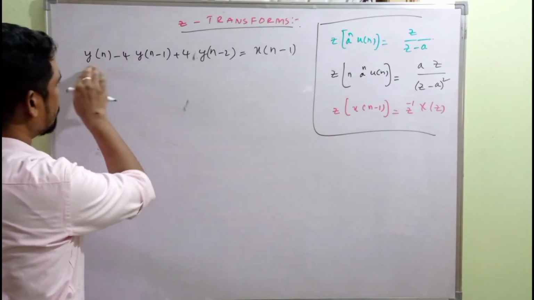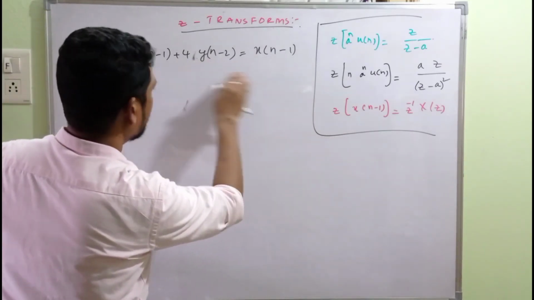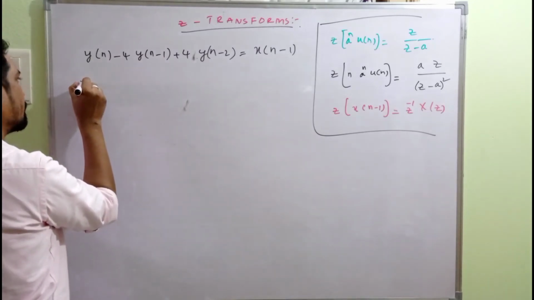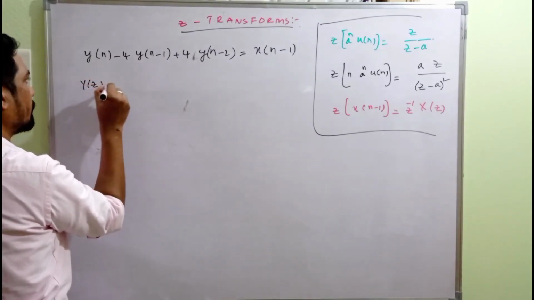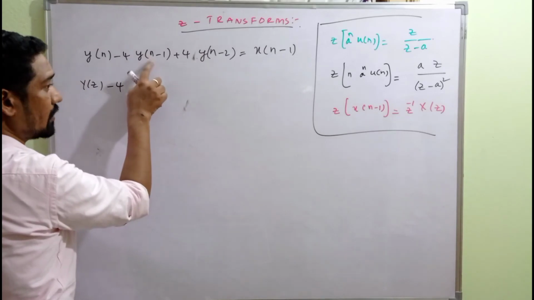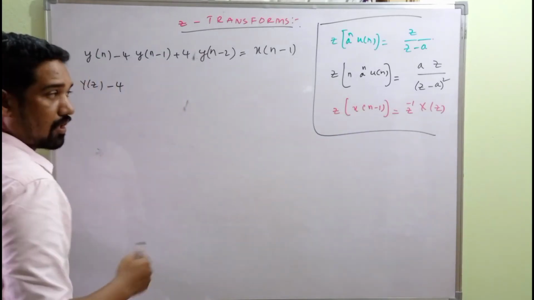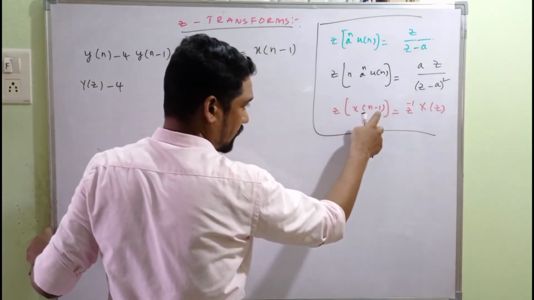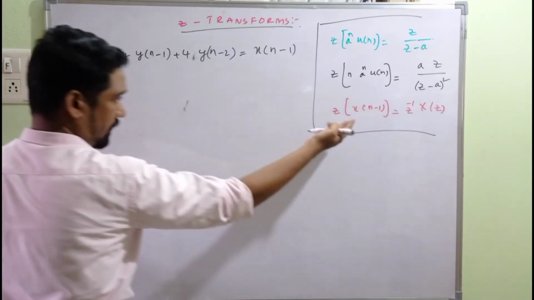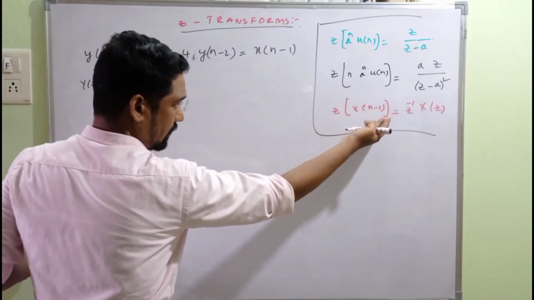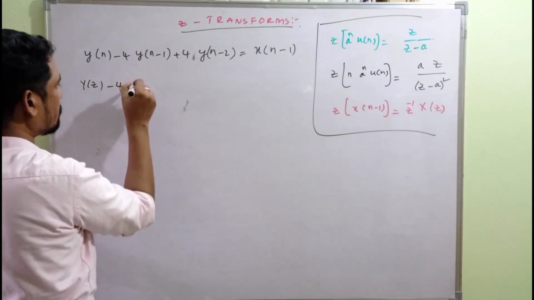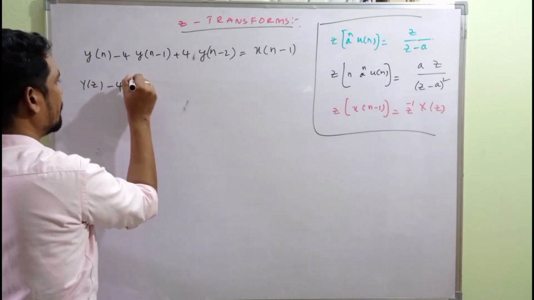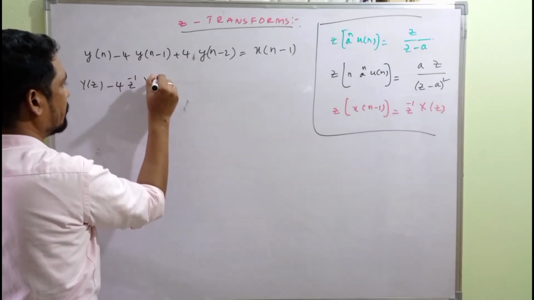So obtaining the z transform of the whole equation, y of n becomes y of z, simply y of z minus 4 times, guys, making use of this, the transform of x of n minus 1 is z raised to minus 1 x of z. If it is the z transform of y of n minus 1, it's z raised to minus 1 y of z.